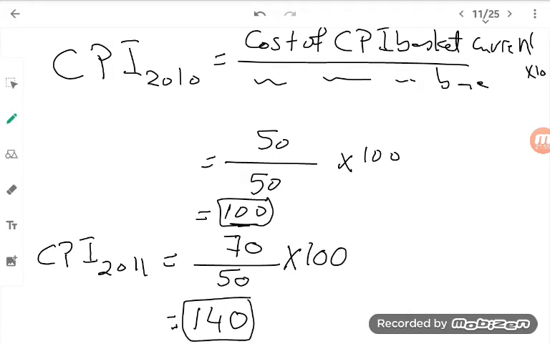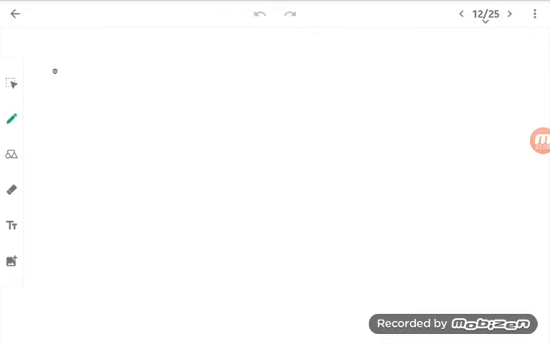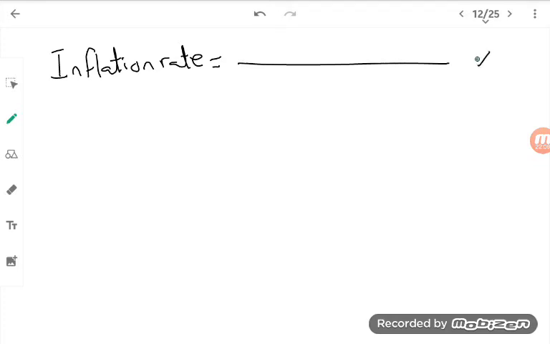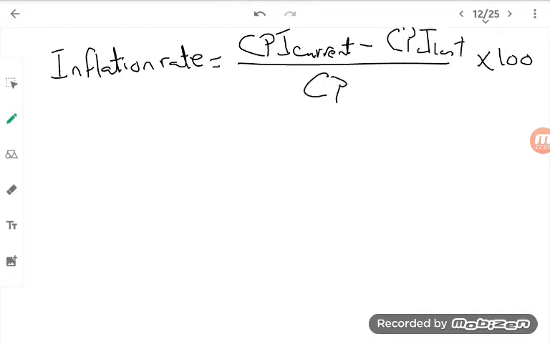Now we would like to calculate inflation rate. Inflation rate will be calculated as CPI current minus CPI last divided by CPI last, just like growth rate.